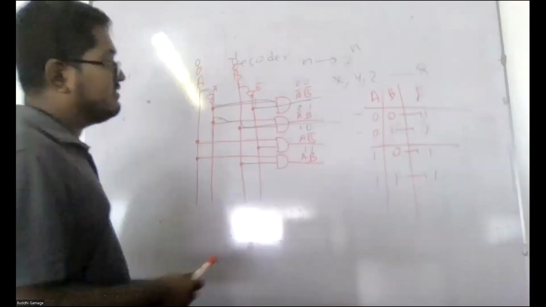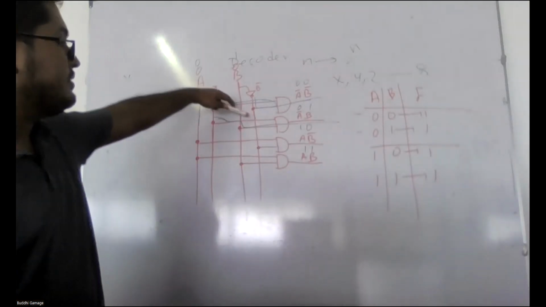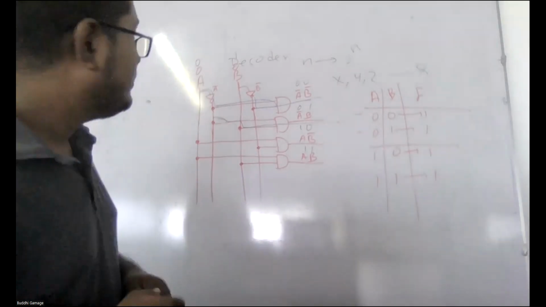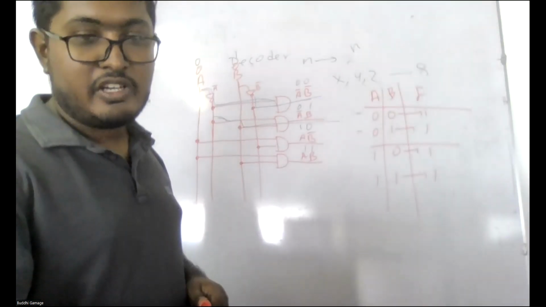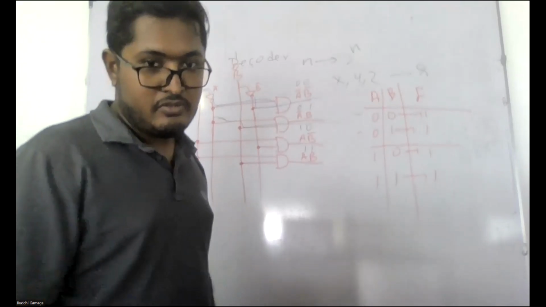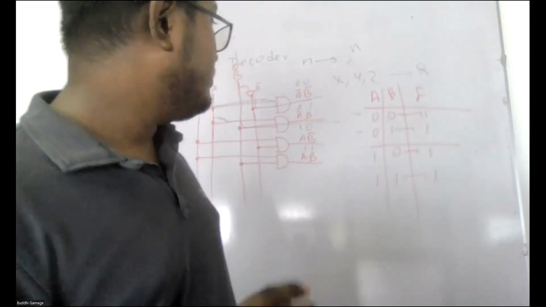In given Boolean values, there will be only one line going to active. So that's what will happen in a decoder. According to the given values, we can identify what is the line that will going to active.